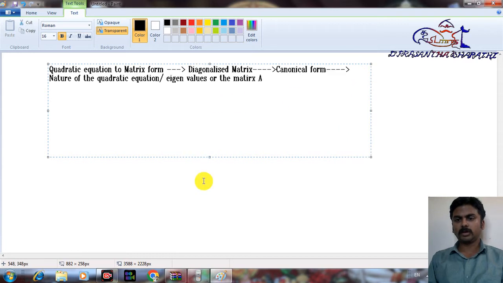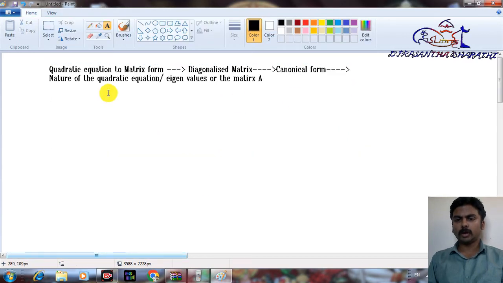So today we are going to discuss quadratic equation to matrix form, then matrix form to diagonalized matrix, then diagonalized matrix to canonical form. After obtaining canonical form, we are going to find the nature of the quadratic equation, or nature of the eigenvalues, or nature of solutions of matrix A. That is what we are going to discuss in today's class.